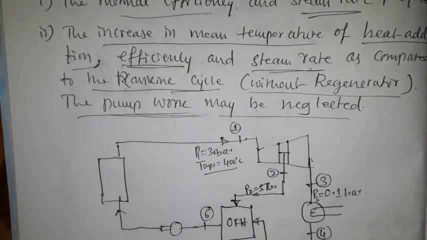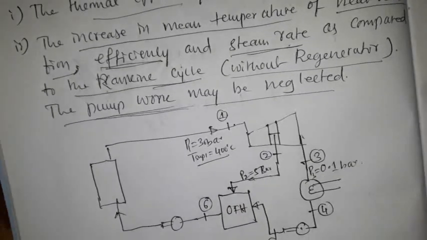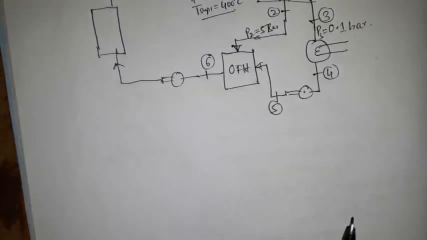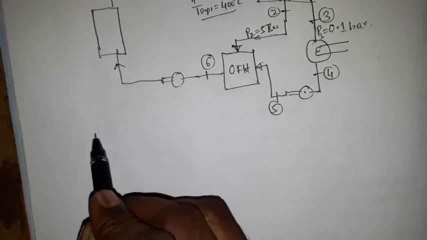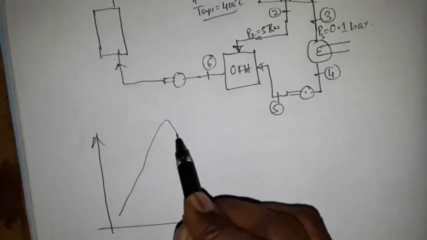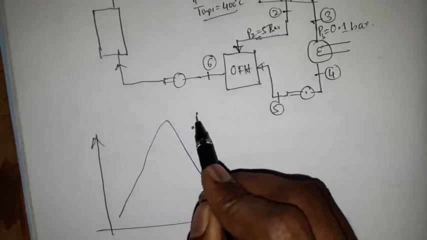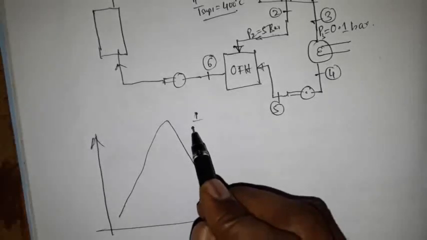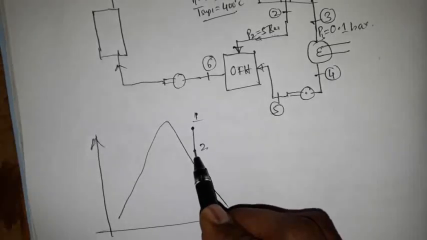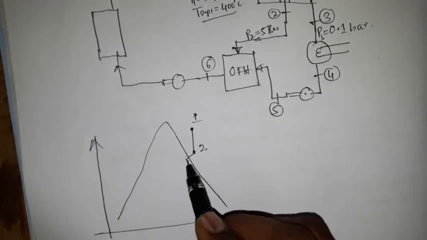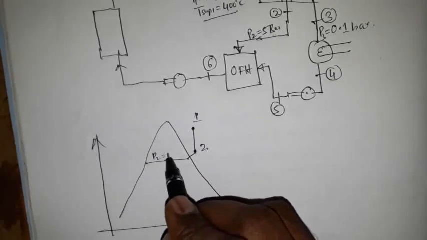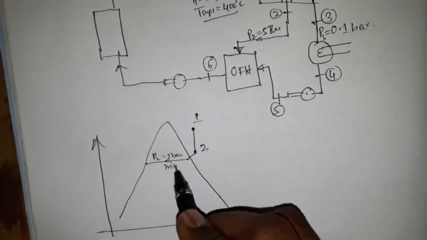So for our better understanding, let's draw the TS diagram and HS diagram for the present problem. The TS diagram is the temperature entropy diagram, and this is the vapor dome. We have superheated steam at turbine inlet, and it undergoes expansion till state 2. From 2, steam is bled at P2 pressure, P2 equal to 5 bar, and m kg is bled.